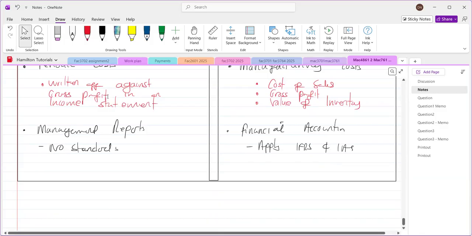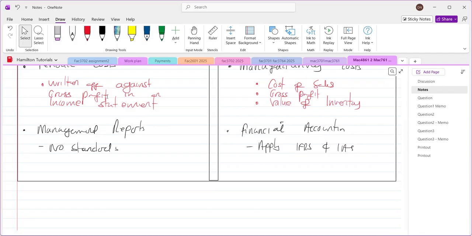You will see that when you talk about contribution, which we calculate in variable costing, it is a variable figure or variable calculation.